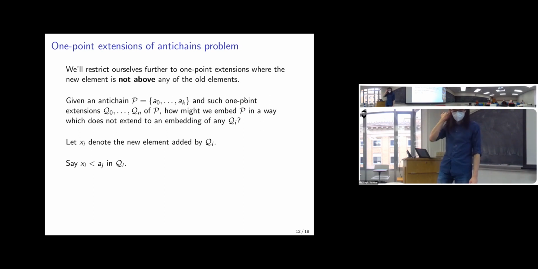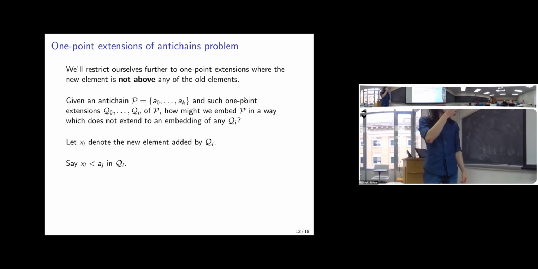So let's just talk a bit about that. Some notation here. Suppose for each of the Qi, the one-point extension, each of them is adding one new element. Let's call that new element xi. So q0 would be a0, dot, dot, dot, ak, as well as x0, for example.